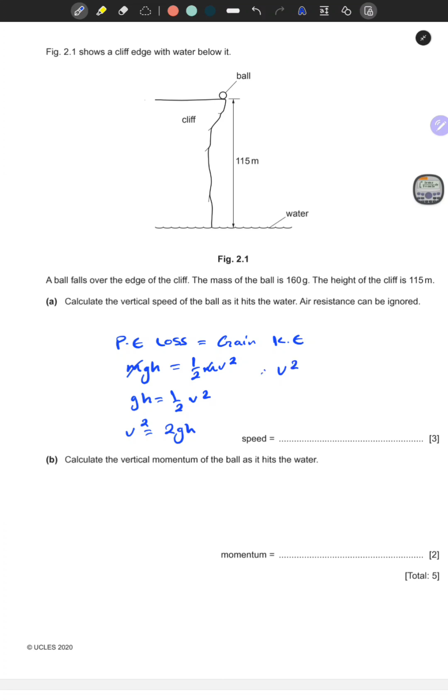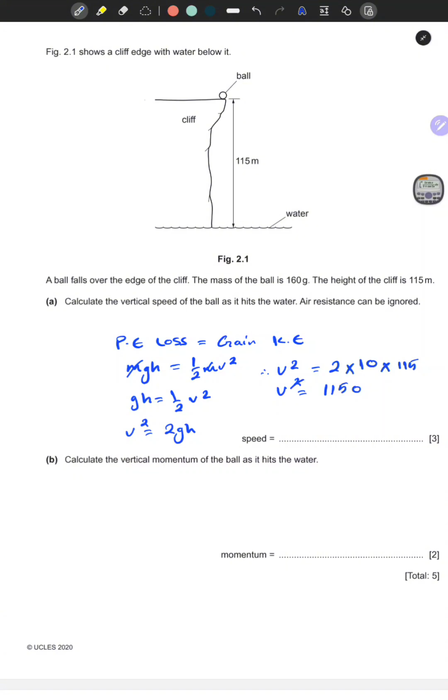Let's continue here. Therefore, v squared equals 2 times g, which is 10, times the height. My height here is 115 meters, so v squared is equal to 1150, and I don't want to find v squared, I need to find v only, so I will square root that answer.